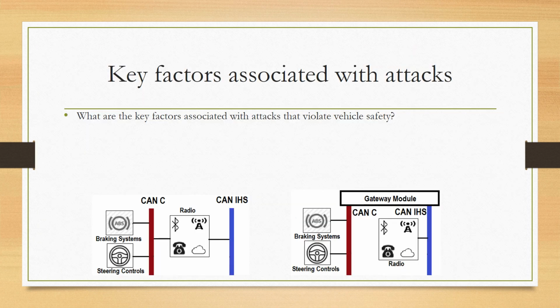Key factors associated with attacks. What are the key factors associated with attacks that violate vehicle safety? The first factor is attack surface. How big is the attack surface? Bluetooth, USB, cellular networks are all big attack surfaces.